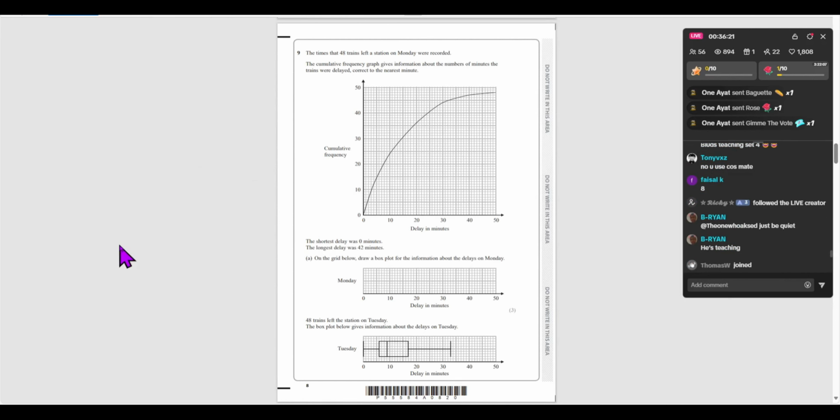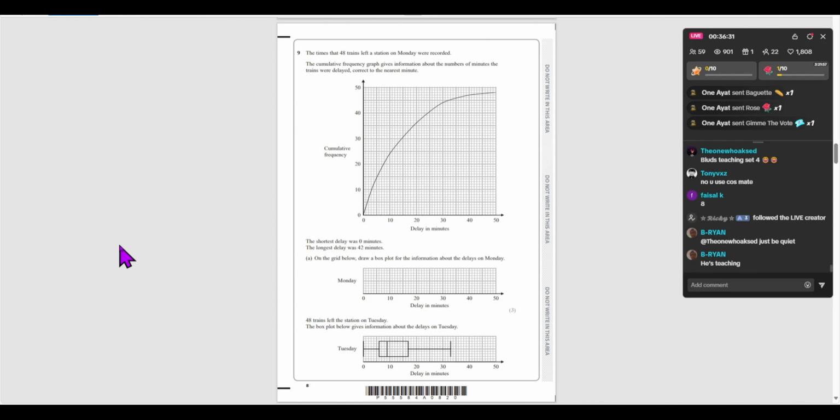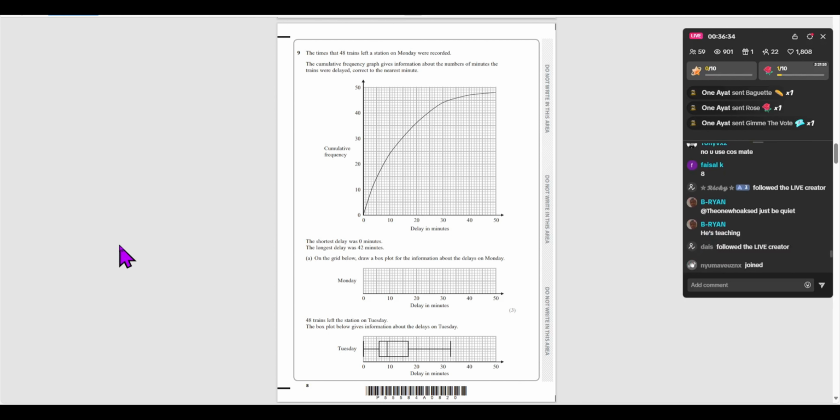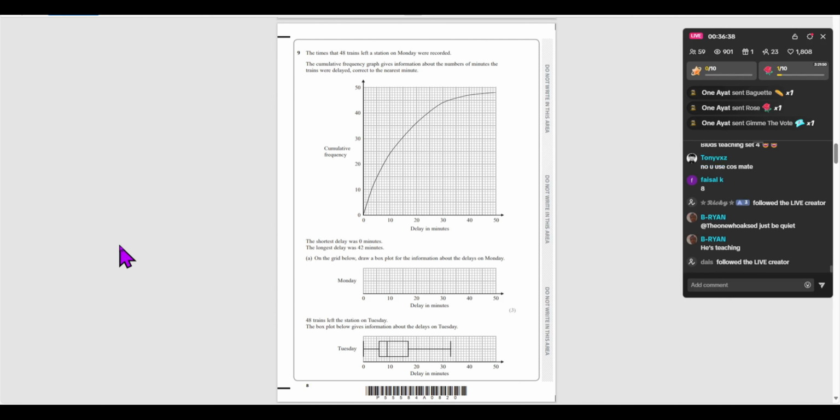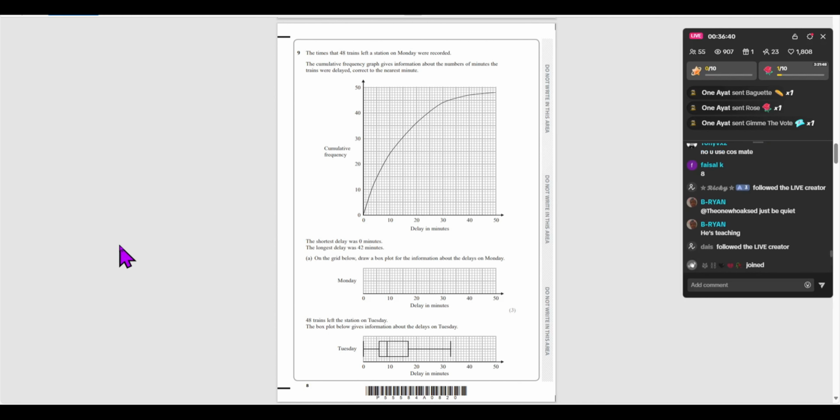The times that 48 trains left a station on Monday were recorded. The cumulative frequency graph gives information about the numbers of minutes the trains were delayed, correct to the nearest minute. The shortest delay was 0 minutes. The longest delay was 42 minutes.